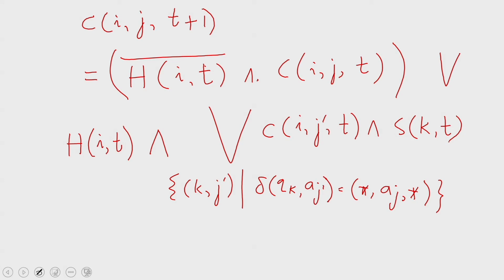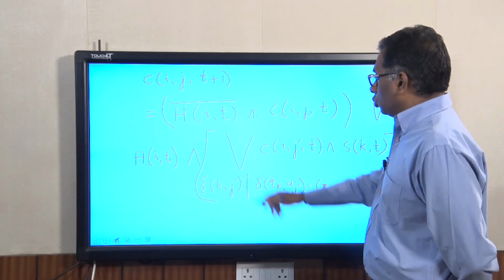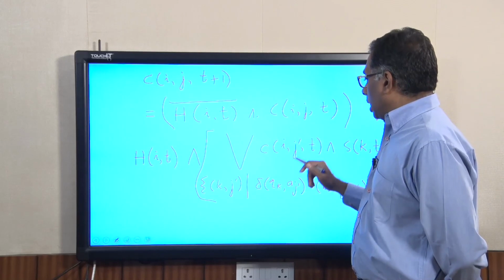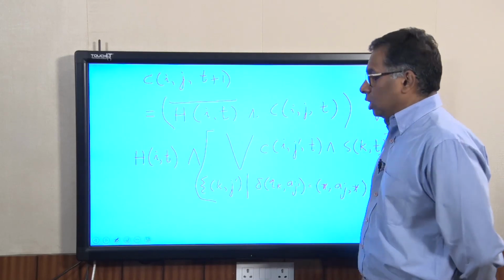In that case, if the cell scanned was I and the cell contained Aj prime and the state was Qk in the previous step, that is time t, then the machine would have rewritten the content of cell I to Aj, because that was an Aj writing step. So, this is how we can synthesize Cij t plus 1.